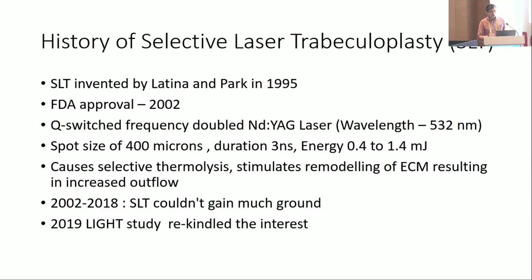From 2002 to 2018, SLT could not gain much ground until the LiGHT study was published in 2019, which rekindled the interest in SLT.